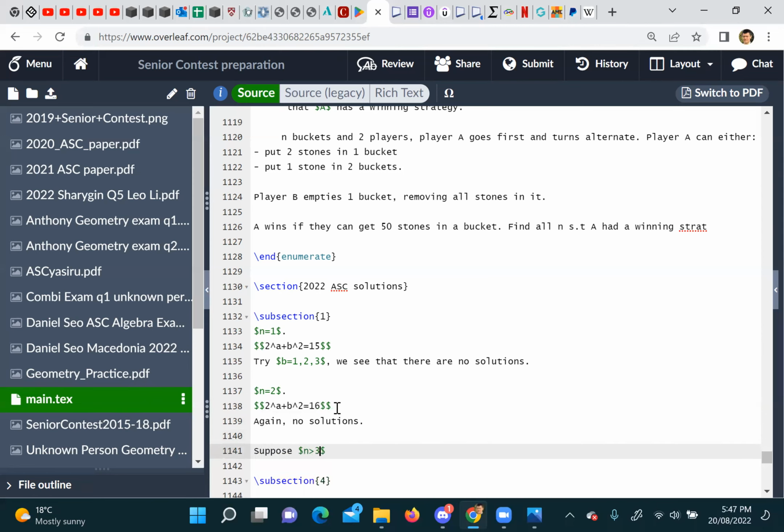Suppose n is greater than 3. If n is greater than 3, then 4 divides n factorial, yeah? B is even, so that means 4 divides b squared, right?